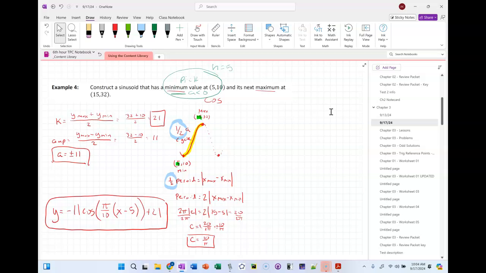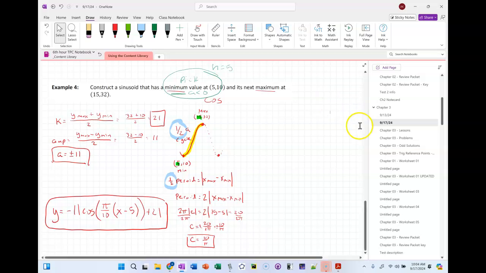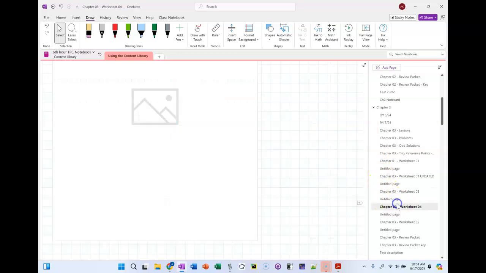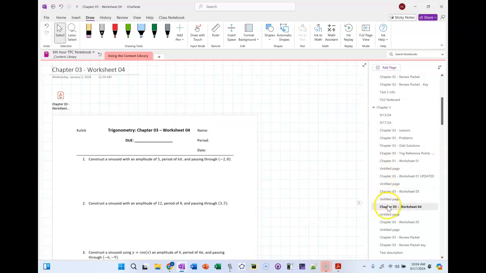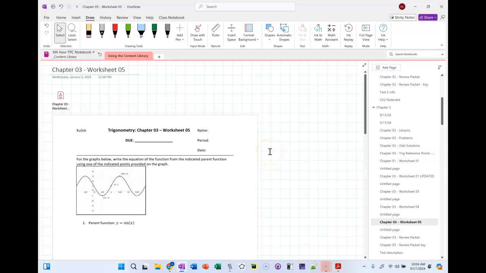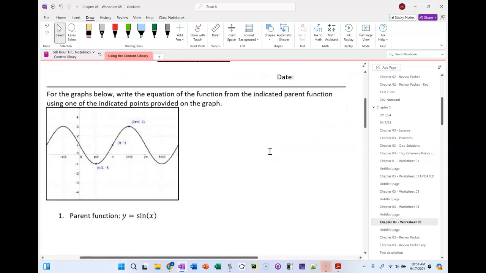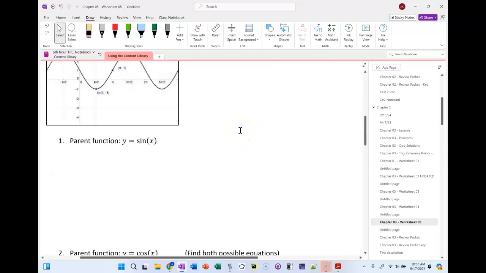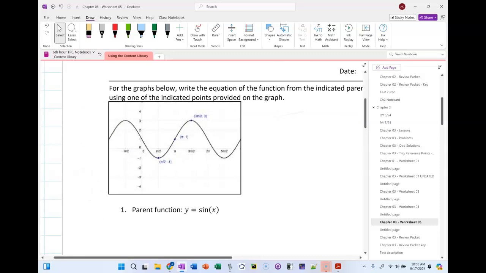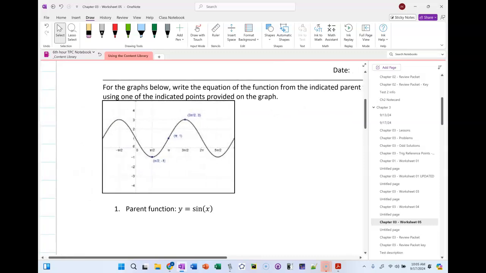It's okay? All right. So your homework, what we're going to work on today is going to be worksheets 5. I'd like you to start with worksheet 5 and then worksheet 4. So in worksheet 5, we give you the graph.